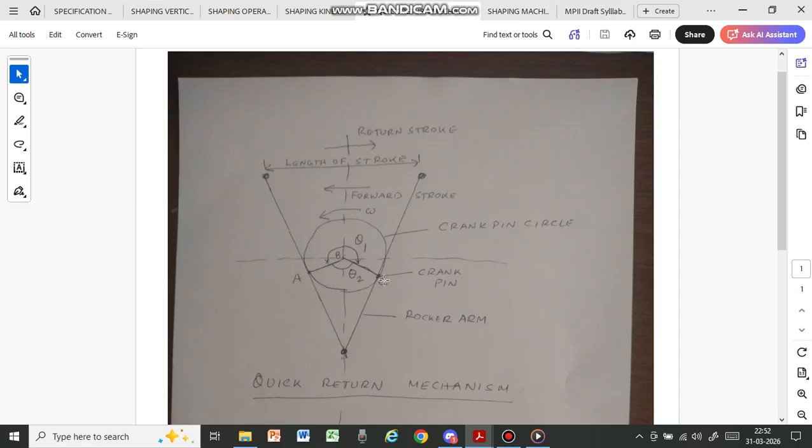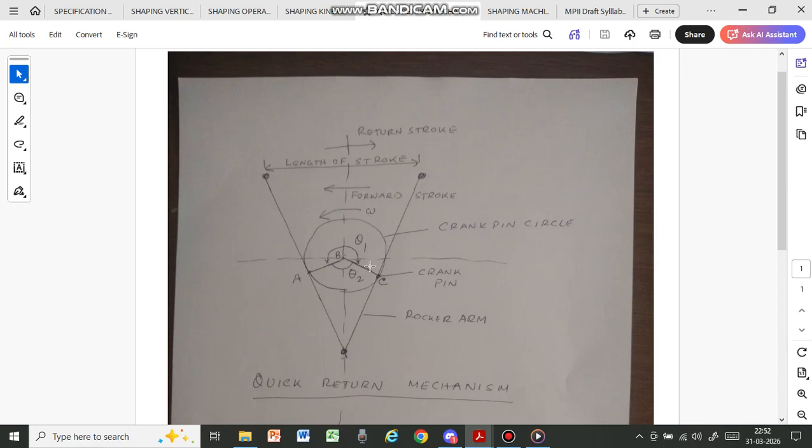So when the bull gear rotates, the crank will also rotate, and when the crank rotates, there is a slot in the rocker arm. The rocker arm moves from this position to this position through an angle θ1, and then in the return stroke it travels the angle θ2.